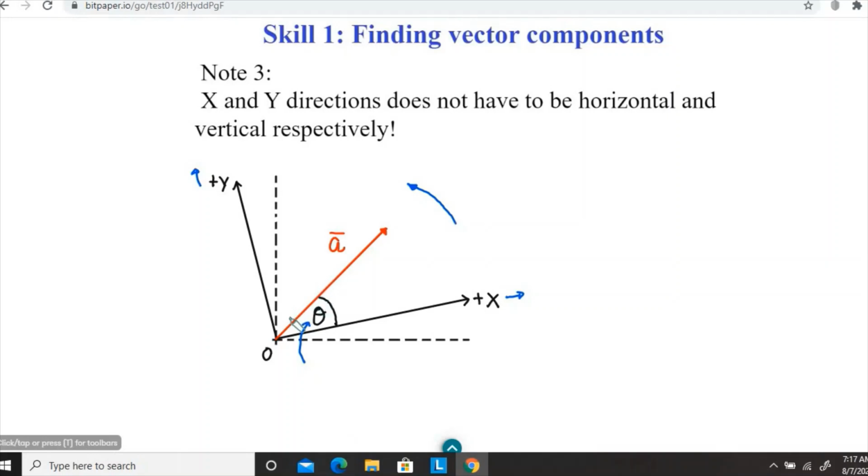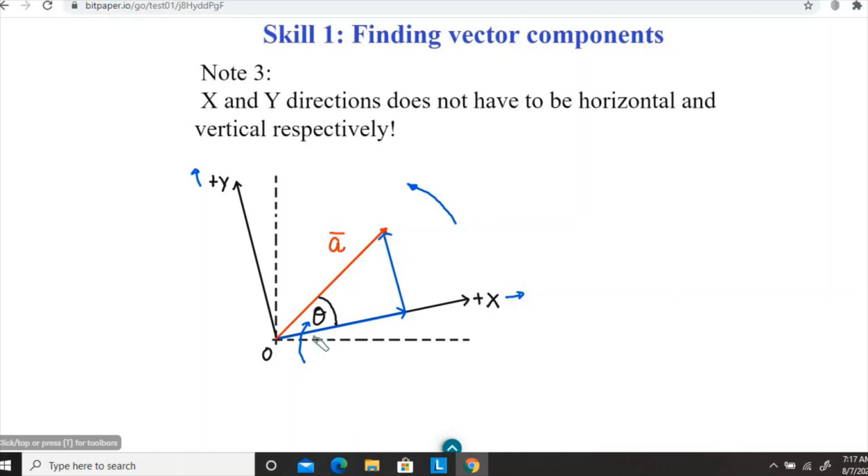So now what you're doing is that you are going to put the magnitude of the vector A as the hypotenuse of a right angle triangle and then construct the perpendicular vector components as sides of that right angle triangle. So for example, in this case, the sides would be like this. So that means a component vector in that direction, and then the component vector in the positive y direction.